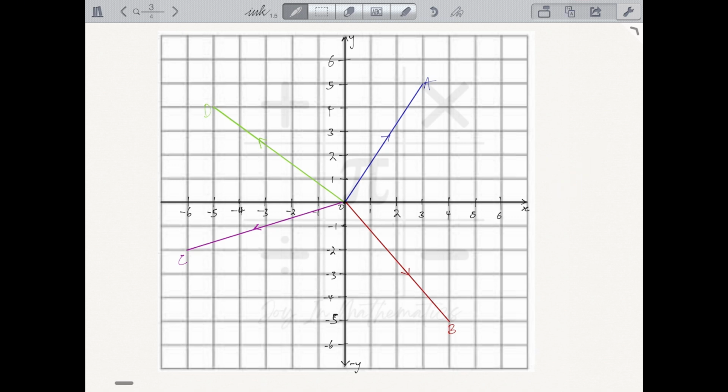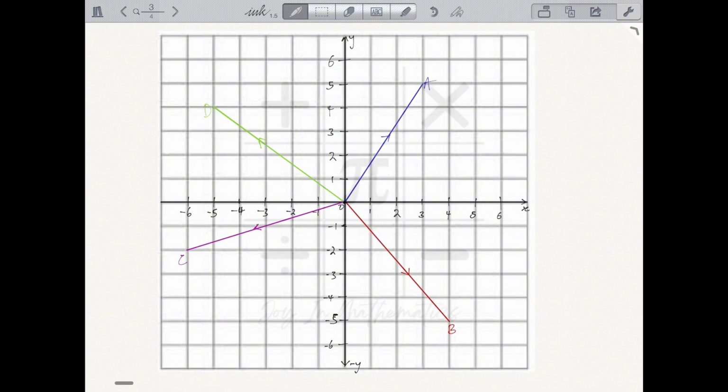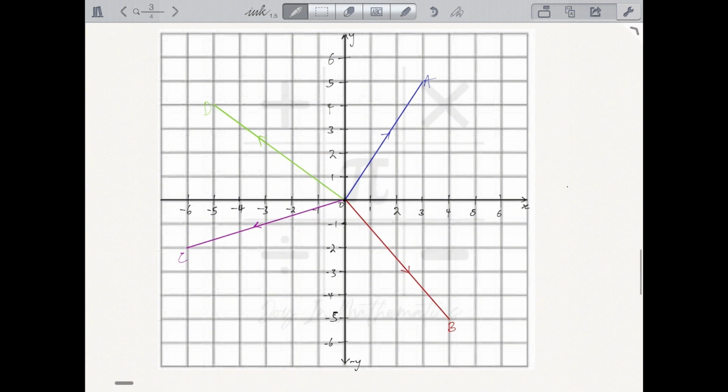So we have line segment OA, line segment OB, and we also have line segment OC, line segment OD. Now we are asked to evaluate the position vectors of OA, of OB, of OC, and of OD. You can pause the video right away and give it a try.